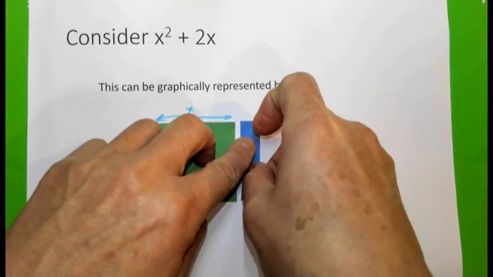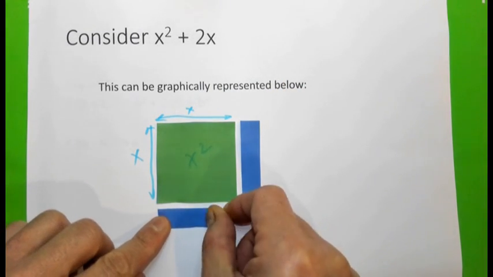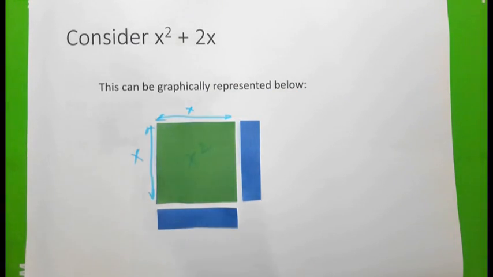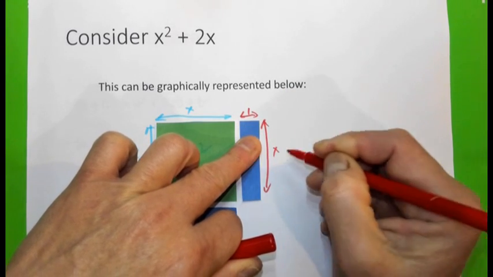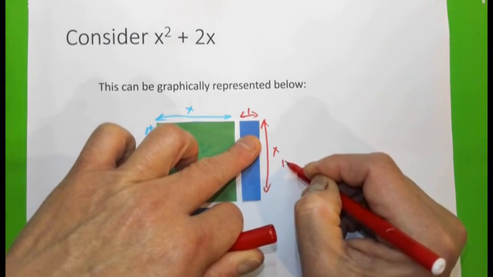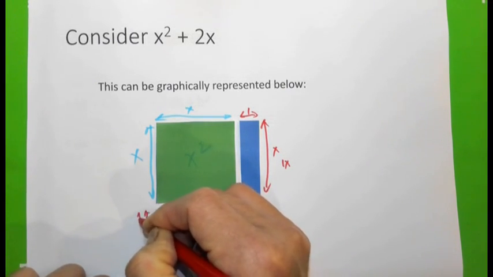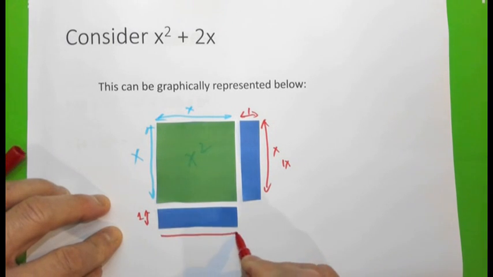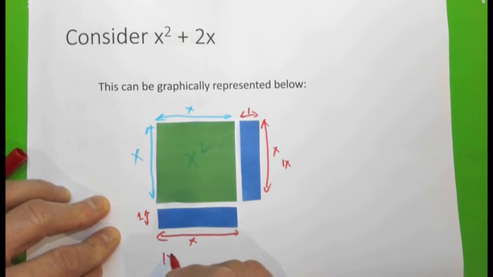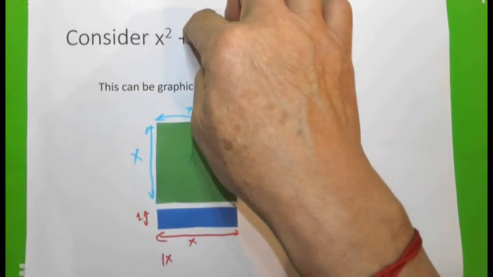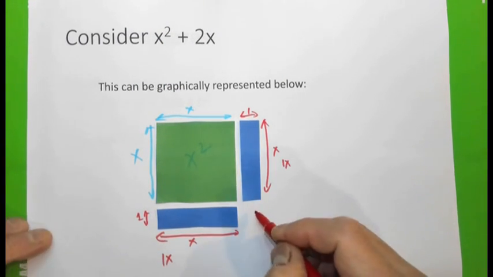We added this in, which is 1, and this is x. Therefore, the area is 1x. Here, again, this is 1, and this is x. And the area is 1x. Therefore, this is represented in here. Now, we know that there's something actually missing here.